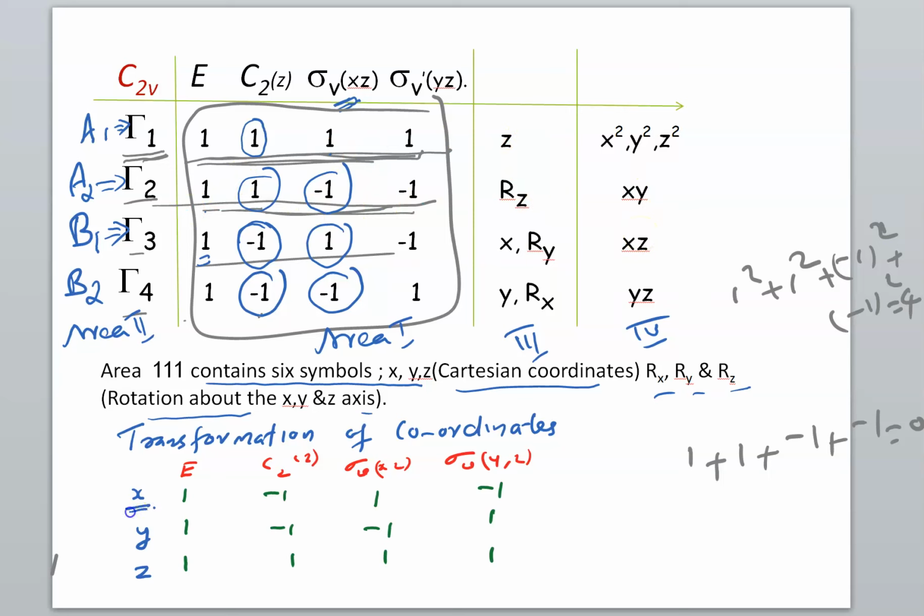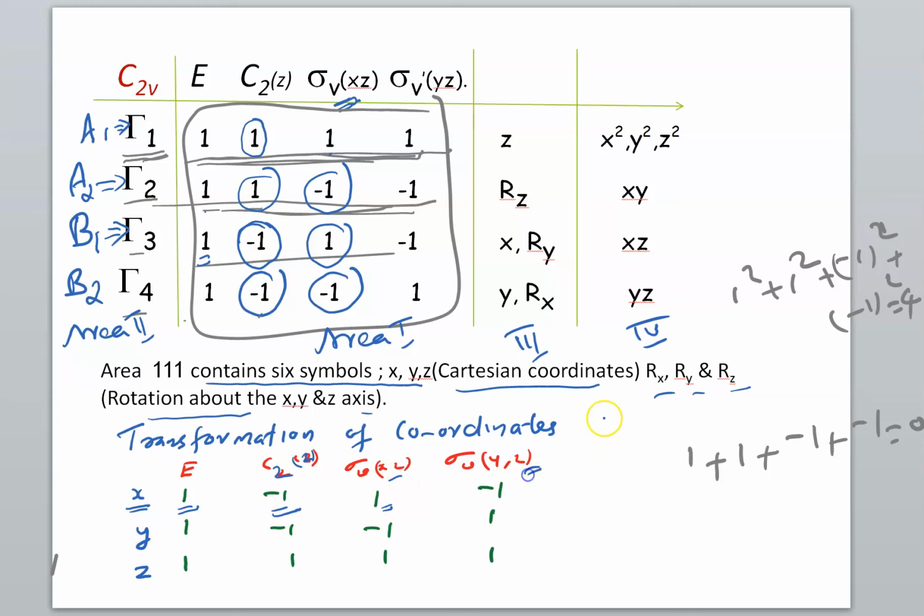Take x. What are the transformations of x? We can consider x as a Cartesian coordinate or x as a vector. Then E transforms x by itself, therefore character is 1. C2z, x becomes minus x, therefore character is minus 1. Sigma v xz, x coordinate becomes itself, no change, therefore 1.